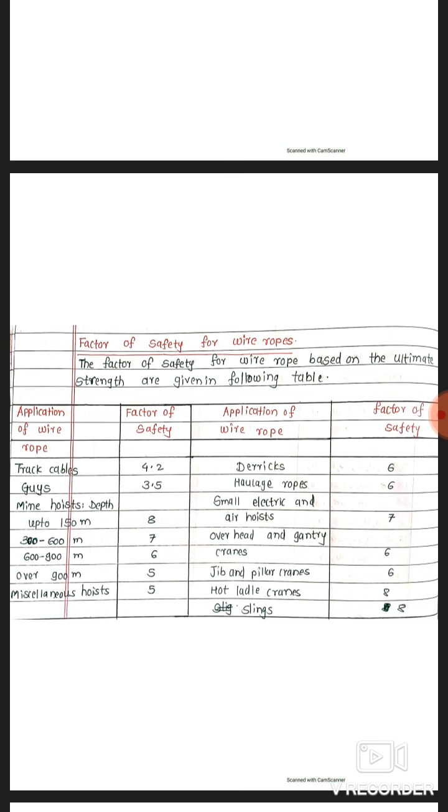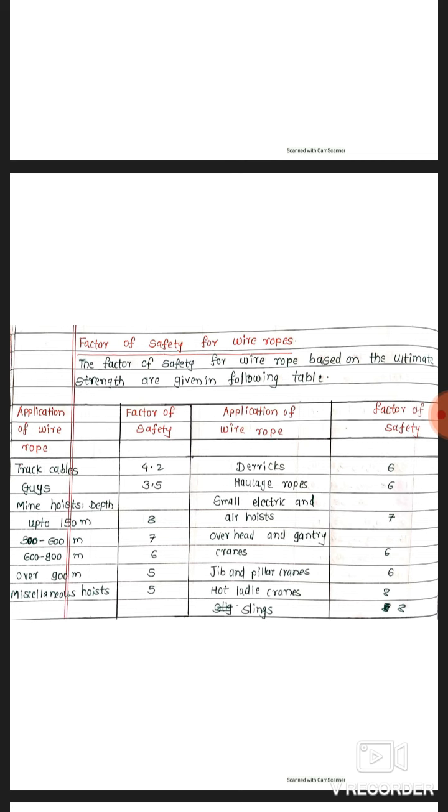Now if we see the factor of safety values for wire ropes, these are used for increasing the safety in machines. The factor of safety for wire rope based on ultimate strength is given as follows. For track cables, the factor of safety is 4.2. For guides, 3.5 is the factor of safety.